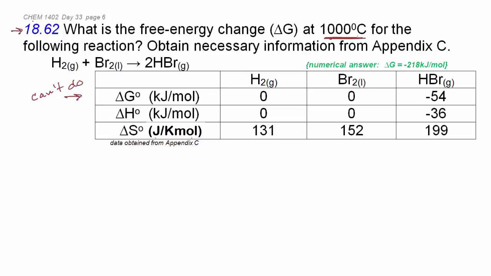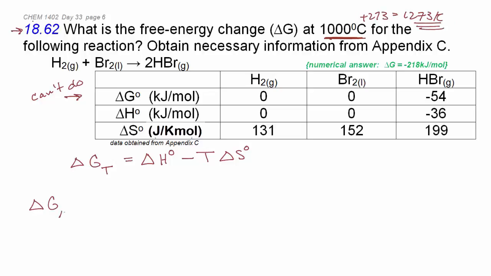So we have to use that expression that allows us to calculate the free energy change at any temperature T. That expression is the free energy change at any temperature T is the standard change in enthalpy minus the temperature times the standard change in entropy. And then we'll have it. So delta G at 1273 Kelvin.